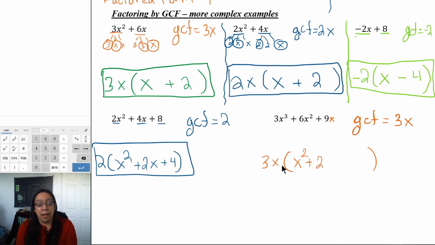X squared divided by x, you're simplifying one of those x's, and all you have left is 1, so a singular x. And then 9 divided by 3 is 3, and you're dividing an x by another x, and when you do, all the x's are simplified, therefore there are no x's left over. So this right here is going to be our factored form. 3x times x squared plus 2x plus 3.